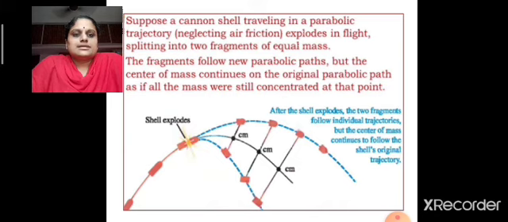That is, if the shell explodes and the two particles are moving along the two blue colored lines, then the center of mass of these two particles will be along the same parabolic path as that of the initial path of the shell.